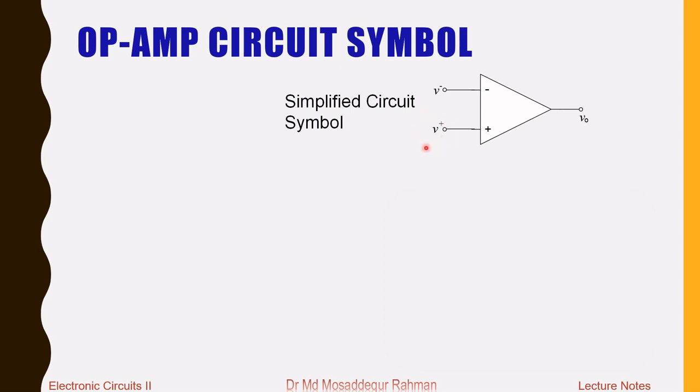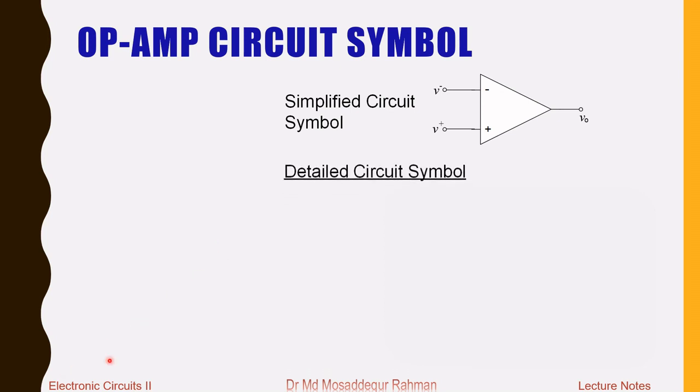These are the conventions, and the output is from pin 6. So this is the simplified circuit symbol, which shows just the input and the output terminals.